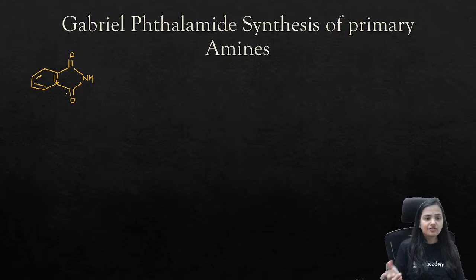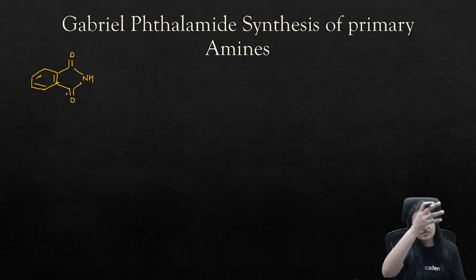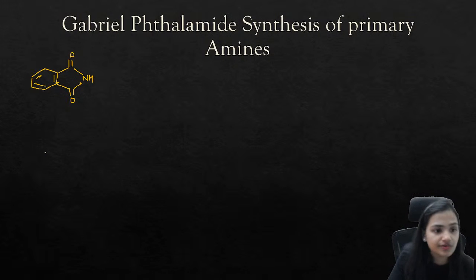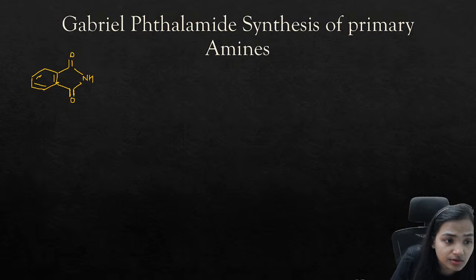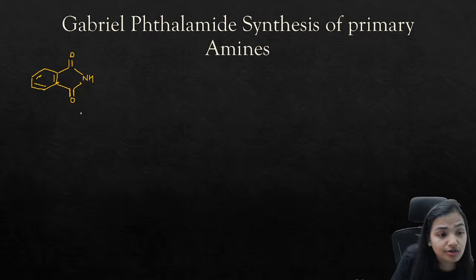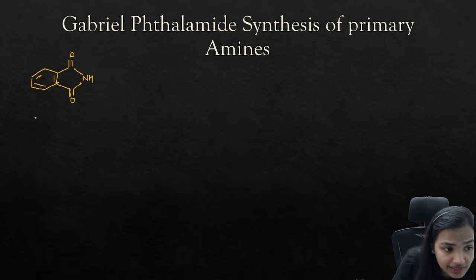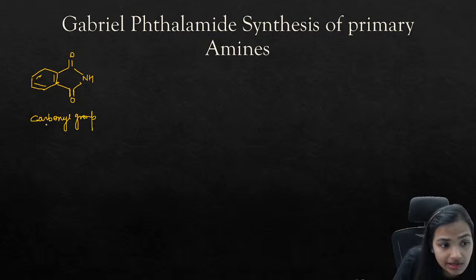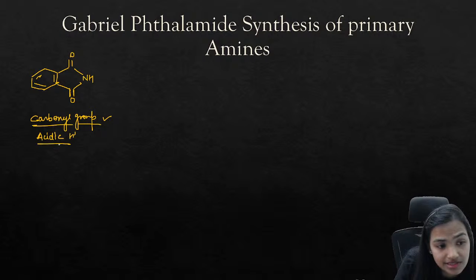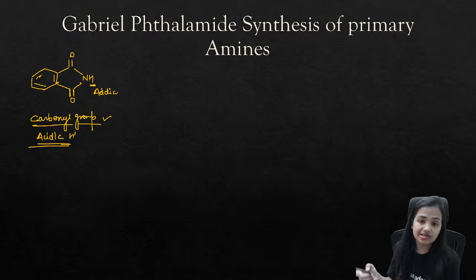This is a kind of amide group, right? We have CONHCO, so we can say that this is also having a carbonyl group but with the NH, right? So if you will see, you will find that this is also a carbonyl group containing compound along with the acidic hydrogen. So where you can see this acidic hydrogen, guys, this NH hydrogen is acidic.